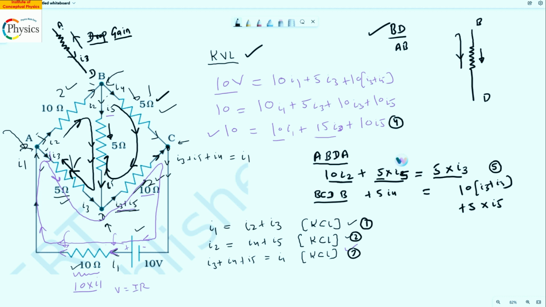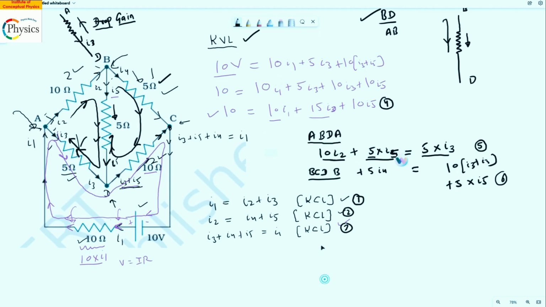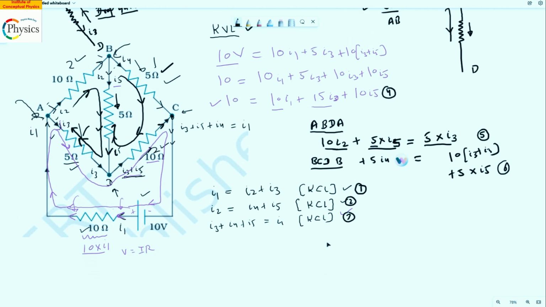The number of equations which we need to create is 5. Whereas what we have done so far is we have created 5 equations. I'm just creating one extra one, which is this one. So I have 6 equations with me now. Let me just write them together and then decide which equations are easy to solve or make more sense to me. So if I simplify this fourth one, and take 5 as common.